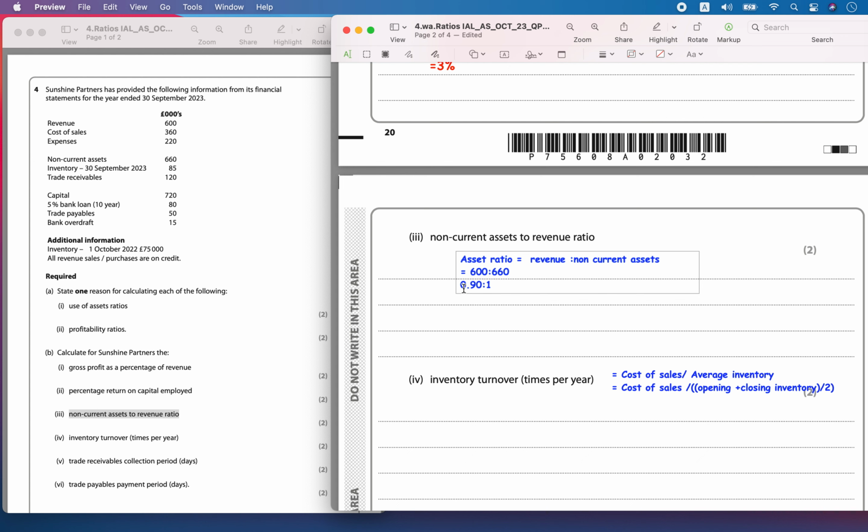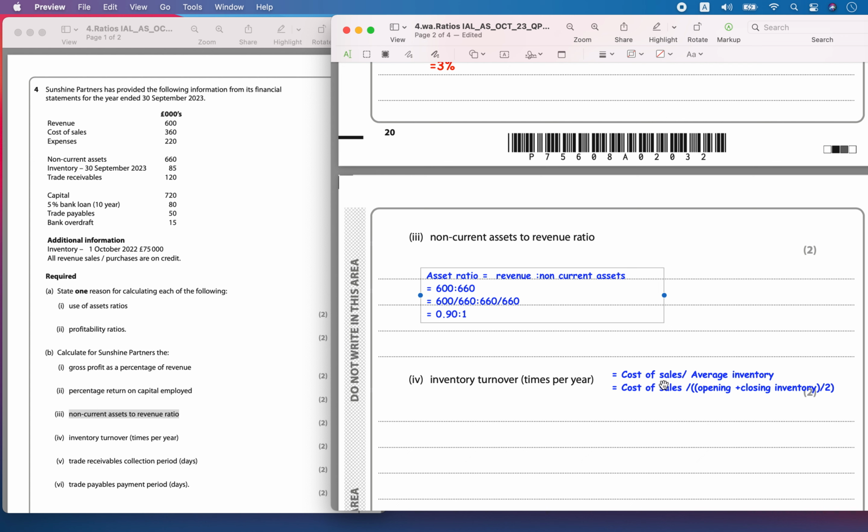Divide on both sides by 660, so you will get the ratios. 660, so you get 0.9 is to 1, which means that this is the asset ratio. For every 1 pound of asset, they have been able to generate a revenue of 0.9 pounds.